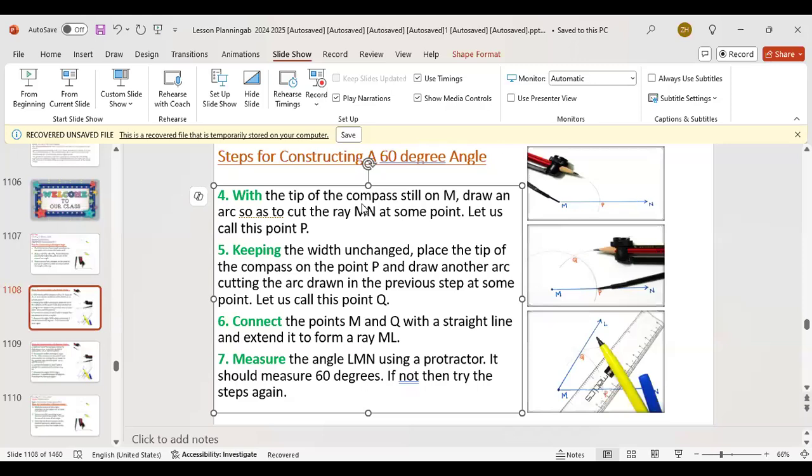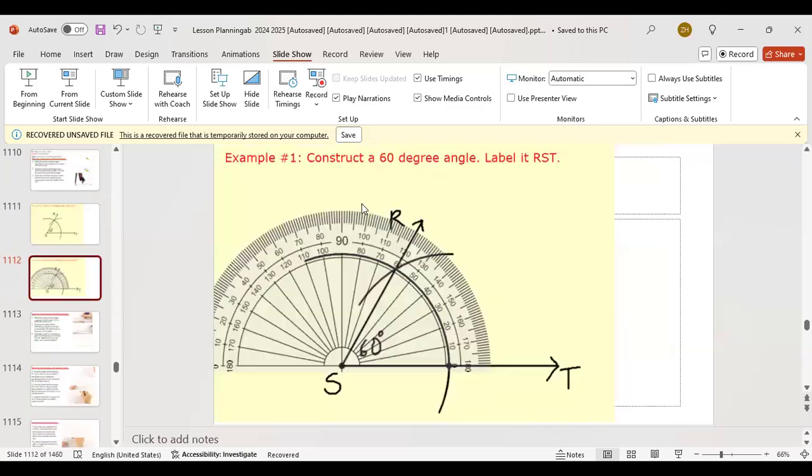We only have like 30 minutes left. So since we only have 30 minutes left, let's do constructing a 90-degree angle then. So the next thing we can learn is how to construct a 90-degree angle. So we already know how to do 60, hopefully. Now let's learn how to do 90. So let me go ahead and share my screen with you all. Do you know that we can construct a 90-degree angle?